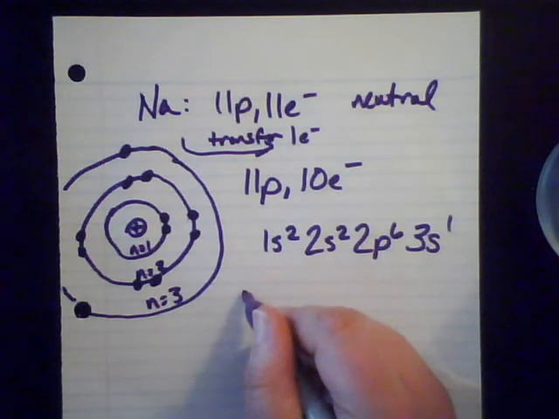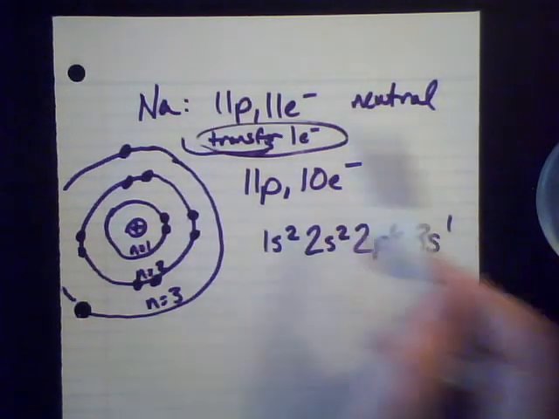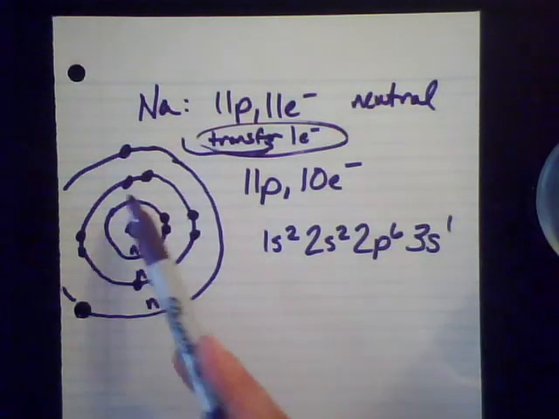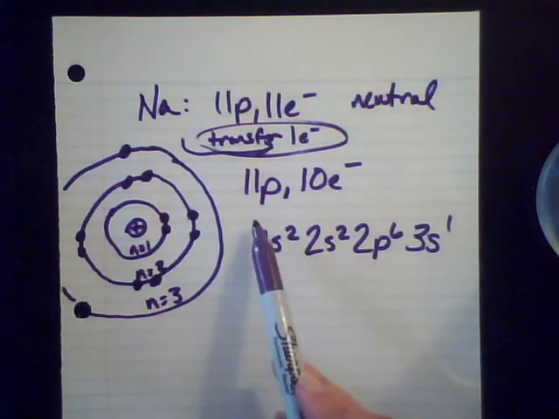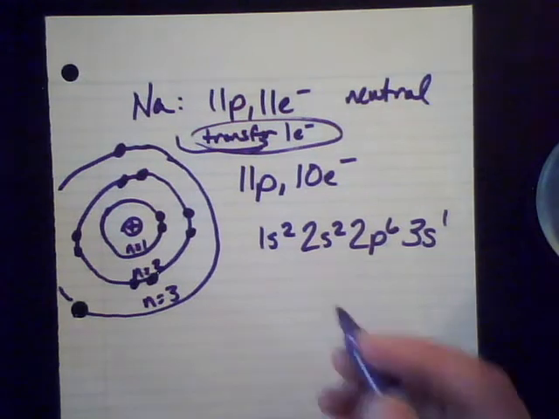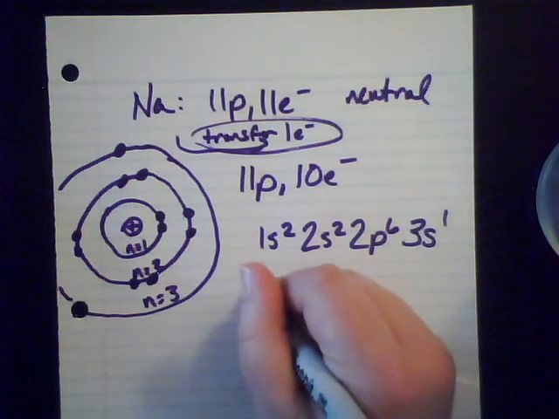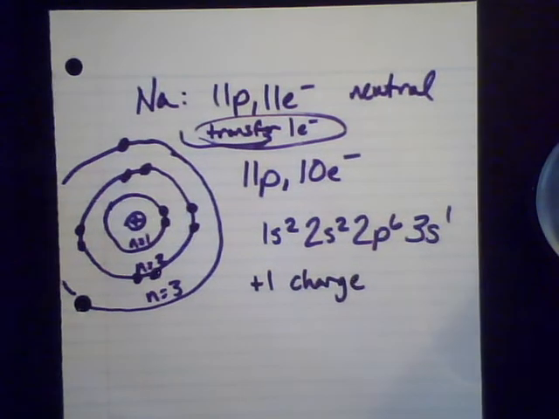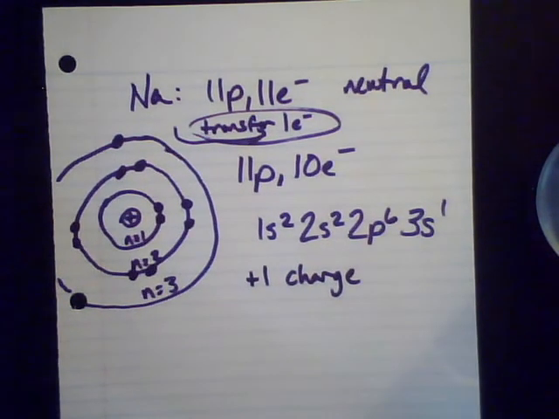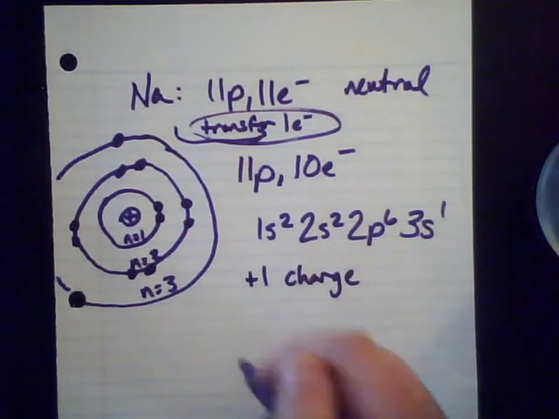So sodium then, when it loses this 1 electron, when it transfers this 1 electron, I'm losing a negative charge, but I still have the same number of protons, so the overall charge on my sodium is going to be +1. So because it's positively charged, the sodium became a cation.